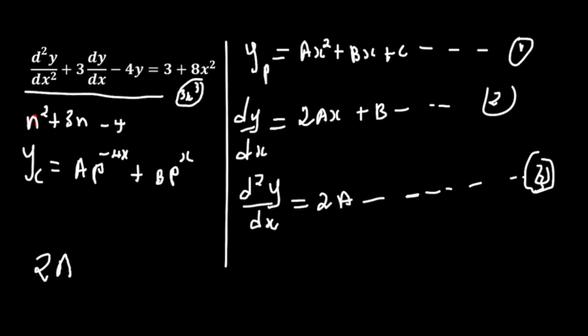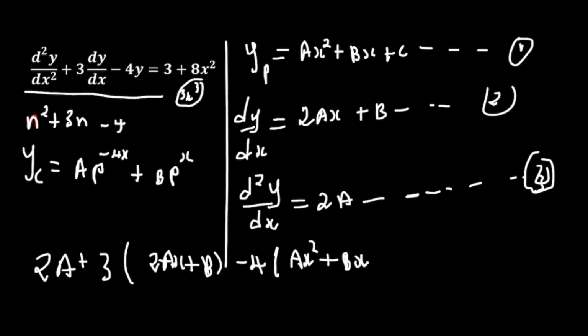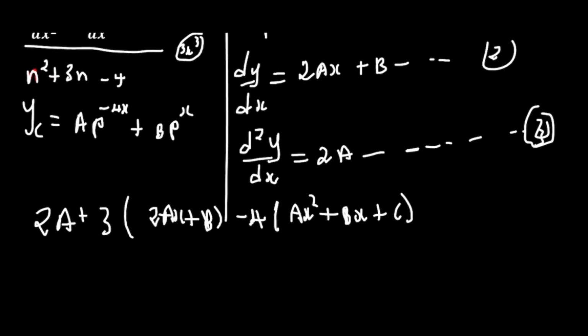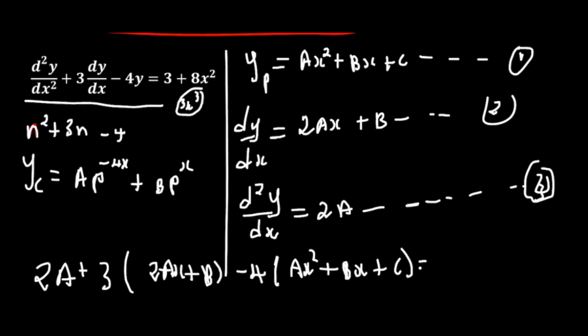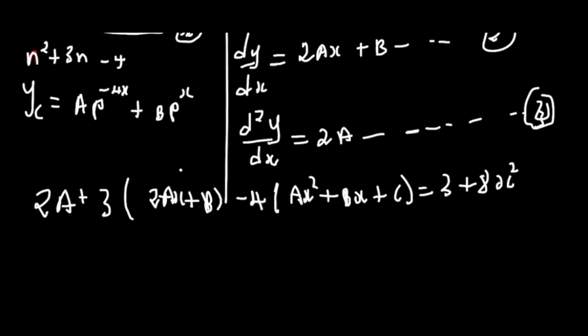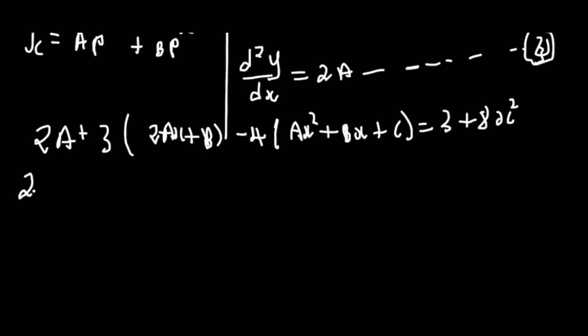So we are going to have 2a here, plus 3 times our first derivative, 2ax plus b, and minus 4 times our y, which is ax squared plus bx plus c, equal to 3 plus 8x squared. So we open our brackets and simplify.